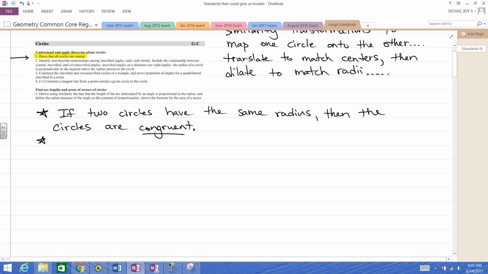That one's pretty simple. That's congruent, though. Now, let's take a look. What if two circles have a different radius? What we want to do is now say, all right, we can still make sure that those are similar.